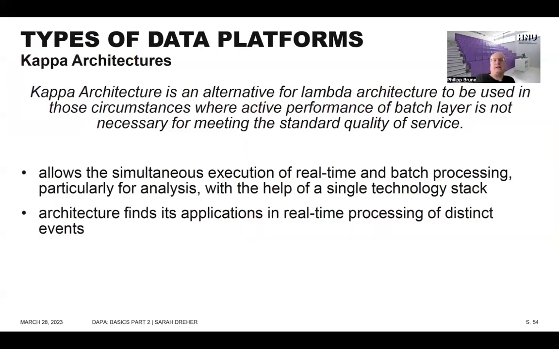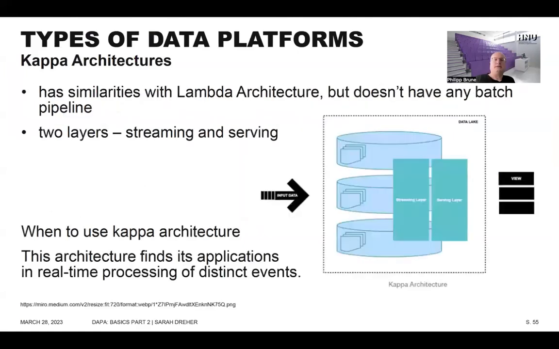And it puts the focus on stream processing. This is achieved by handling everything as a stream. Yeah. Basically, you have the streaming layer and the serving layer, but we leave out the batch layer. Yeah. And so the focus is on the streaming side.